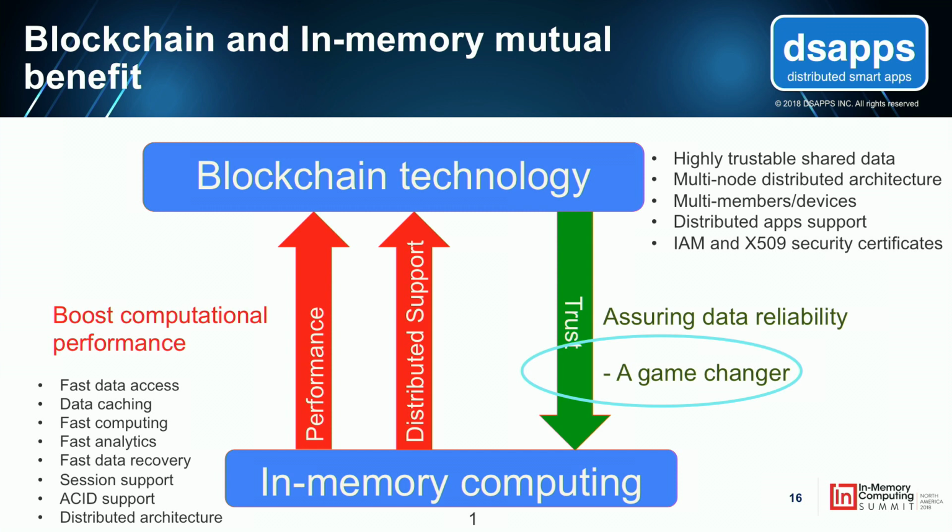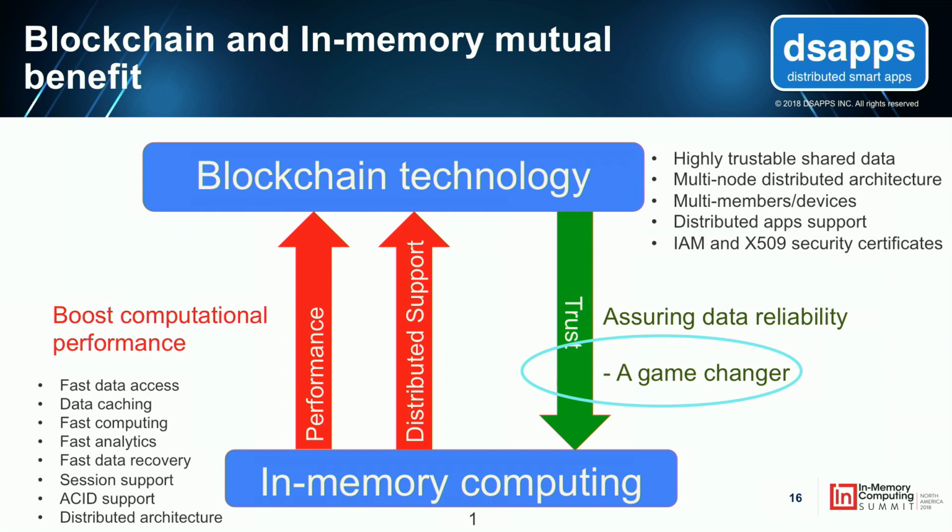And then the reverse is, blockchain technology can provide the trust to in-memory computing, which actually could be a game changer, because now you can actually store your billions of records in a database which is in memory, and even if the power goes off and whatever happens, you can be sure that when it comes back, it's completely trusted, because you can prove through the hashes that your data is just as it was before.